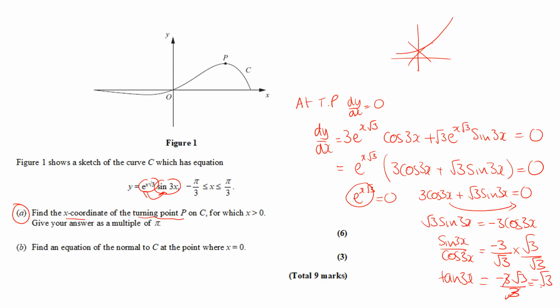Now on your calculators, or maybe you know your special triangles. Anyone know the special triangle that involves 30? Sine 30 is a half. And then by Pythagoras, this is root 3. So if this is 30 and that's 60, then you're going to get tan 60 is equal to root 3.